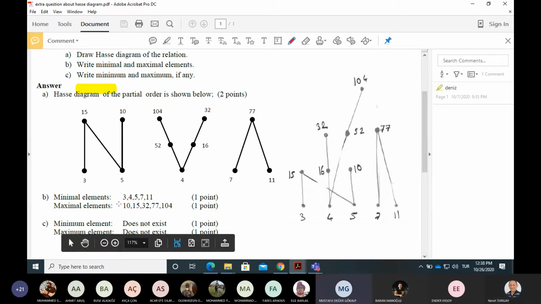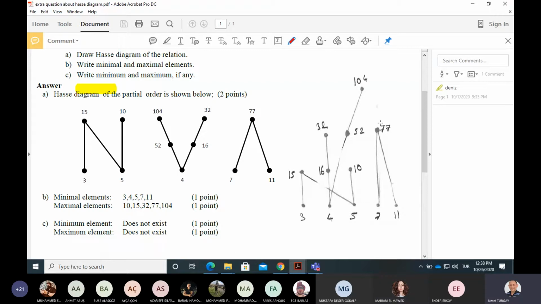Yes. Can we say that they are not connected to the same branch? 15, yeah, 32, yeah. This guy is like a kind of different branch. And this is isolated from these three guys. They are here, and in here 77 can only be compared with 7 and 11.